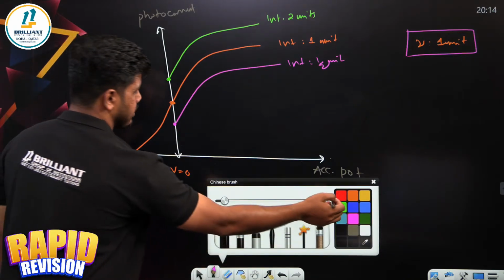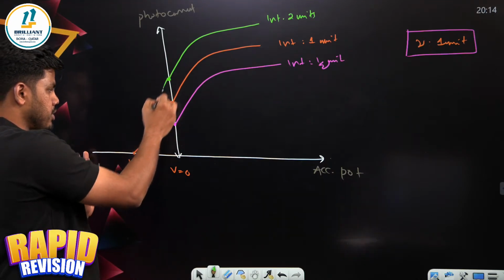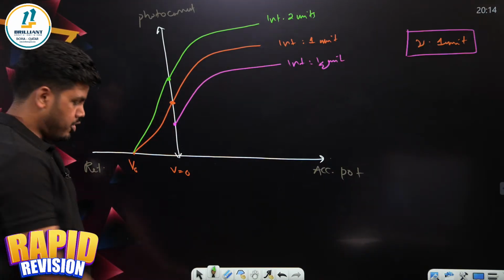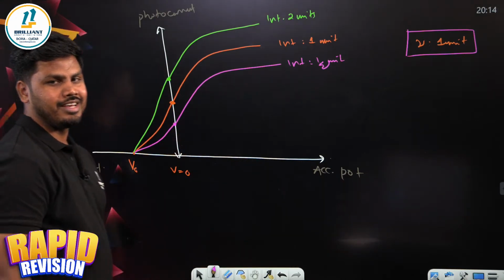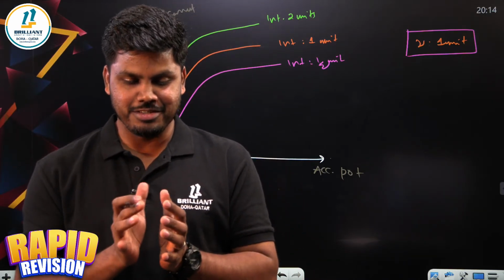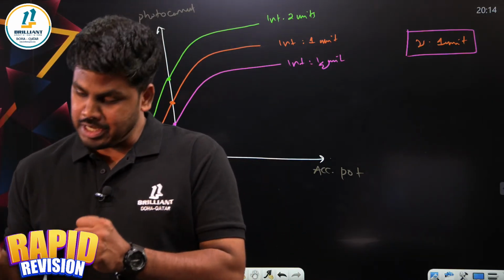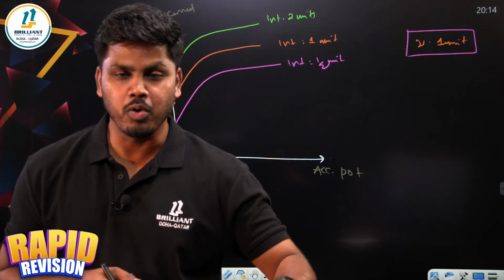Then you have to complete the graphs to the other side in retarding potential to the same stopping potential, not different points, because we know stopping potential is related to the kinetic energy, right? Kinetic energy is equal to EV0. If you want to get more stopping potential, the kinetic energy of the electron should be more.